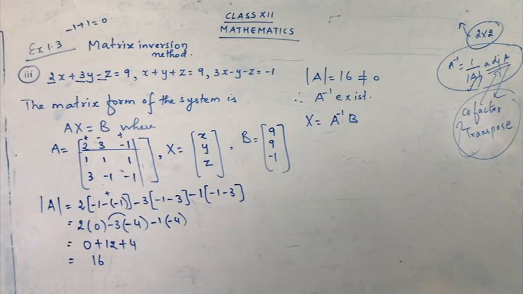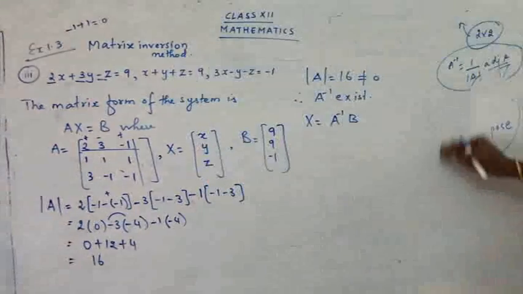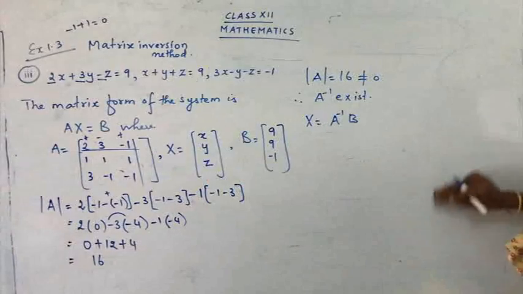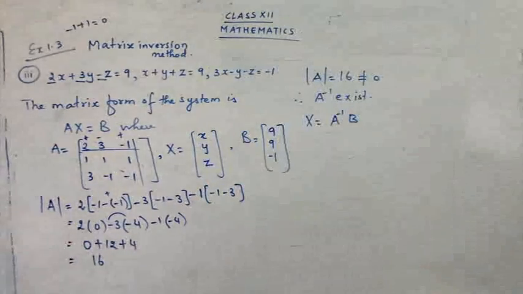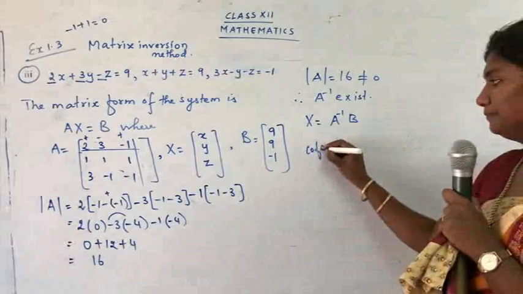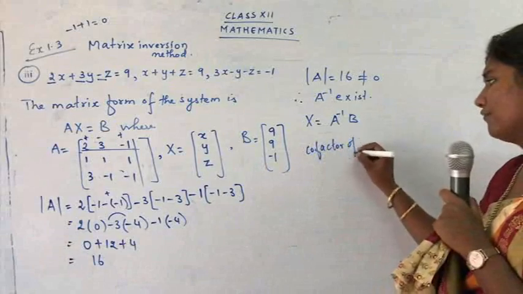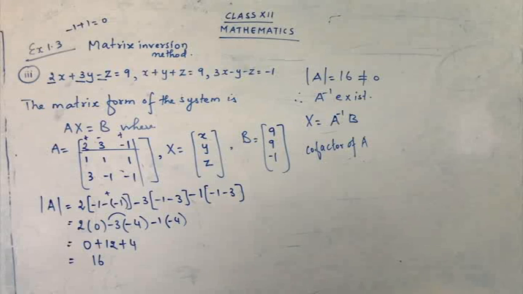So first thing is to find the cofactor of A. So let's go with the sum. I hope you know how to go with the sum. Yes. So try out the step, children. Find out the cofactor of A. You know the matrix A. Yes. So consider your matrix A and find the cofactor of A. Remember the signs to be followed for finding the cofactor.